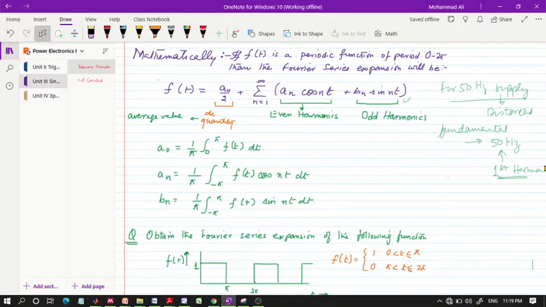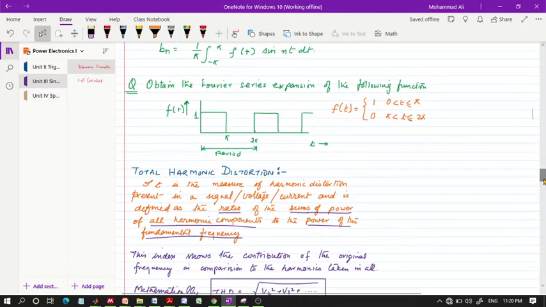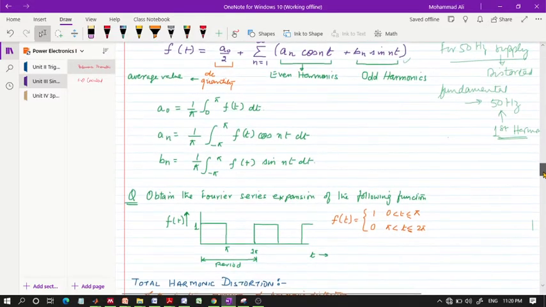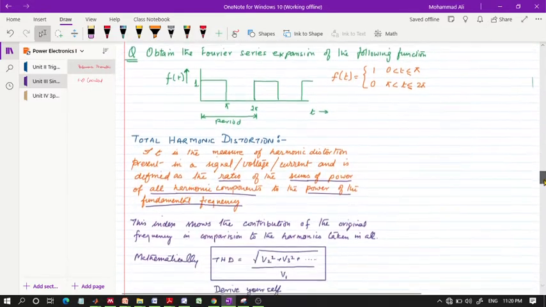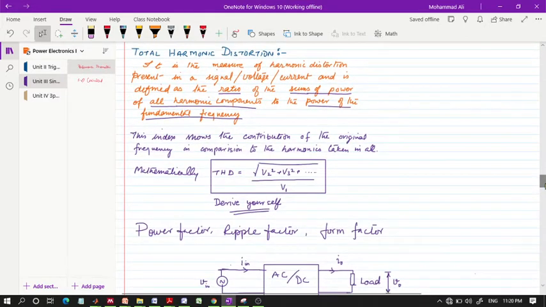So just for revision, you can solve this problem. I hope that you have done a course on engineering mathematics, so it must not be difficult to solve this type of function.